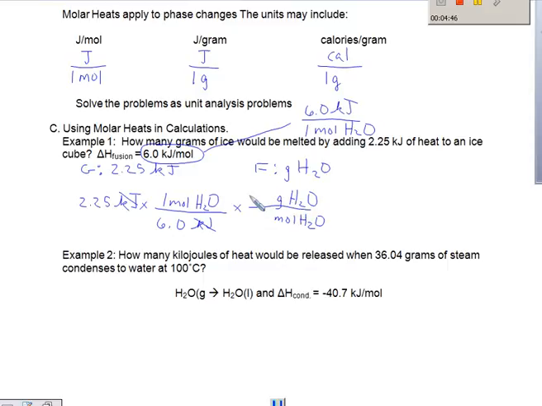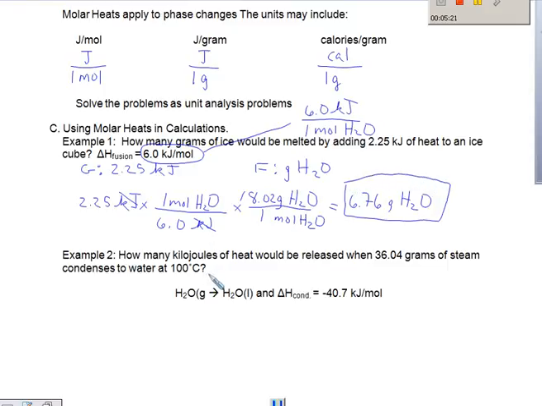If you look on the periodic table, it is 18.02 grams of water for every 1 mole of water. At this point, you're going to multiply everything across the top, divide through by everything across the bottom, and you get 6.76 grams of H2O. Now go ahead and put a box around this so I know that this is your final answer.